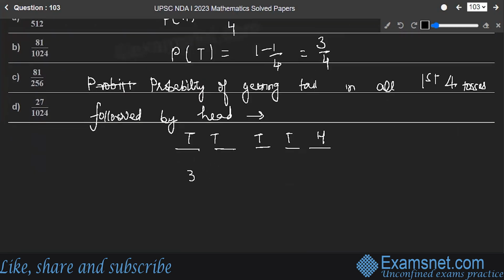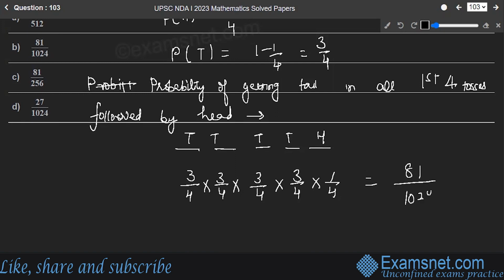This will be given by 3 by 4, 3 by 4, 3 by 4, 3 by 4 into 1 by 4, which will give you 81 by 1024. That means you have option B as the answer.